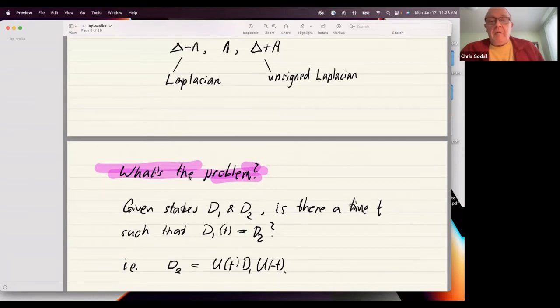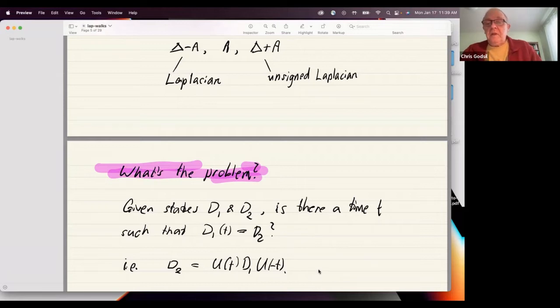So the problem we're given in this normal setup is you're given two states D1 and D2, and ask, is there a time t such that at time t, D1 has been transformed into D2. And to remind you, D2 would be U(t) D1 U(-t). So the question is, given D1, can you choose t so that D2 is equal to this? So this would be state transfer.